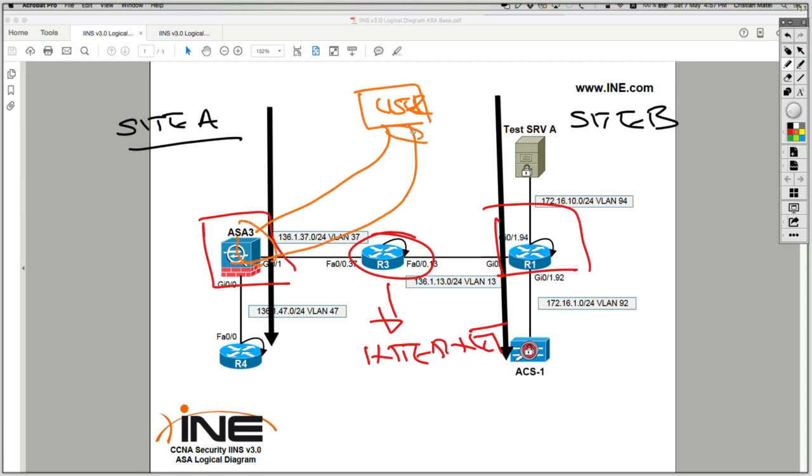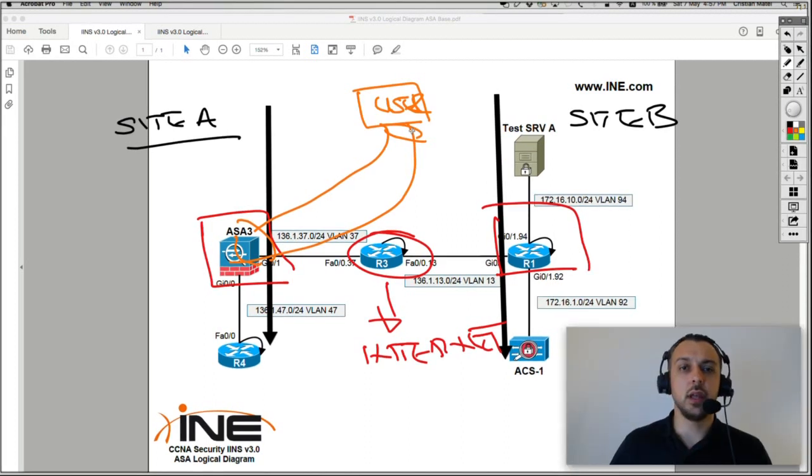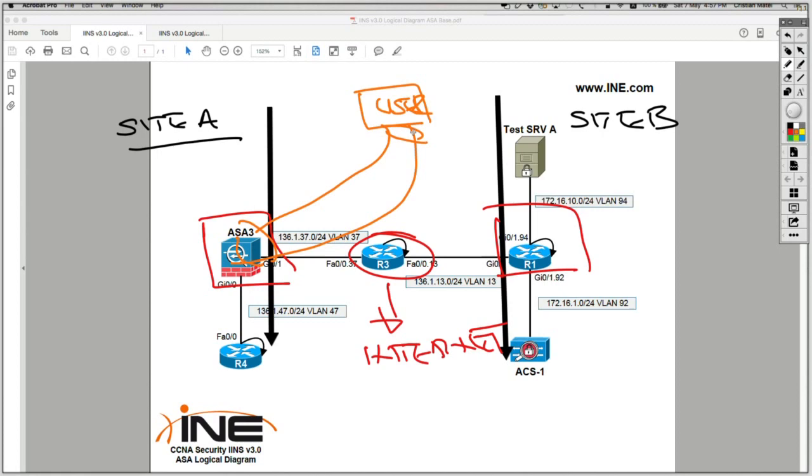And because the user usually is at the airport, in an internet cafe, at a Starbucks or whatever, it means that usually he is going to have a dynamic IP address. But a VPN gateway is usually going to have a fixed IP address in most cases.